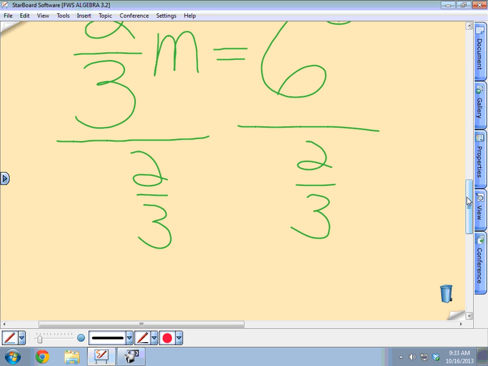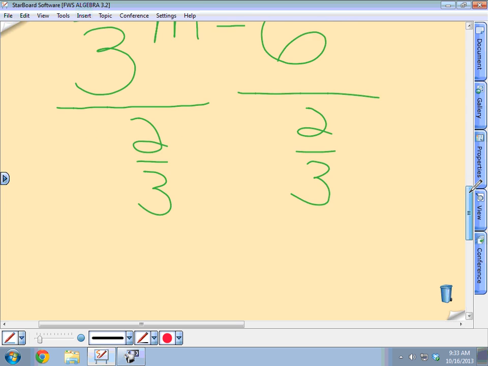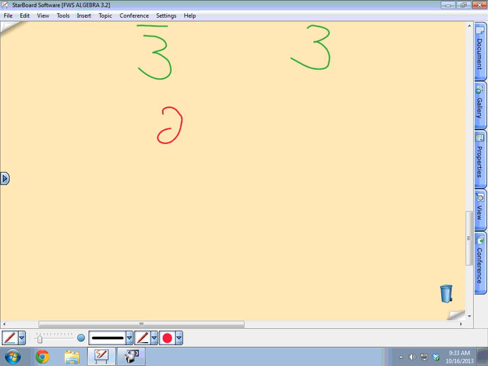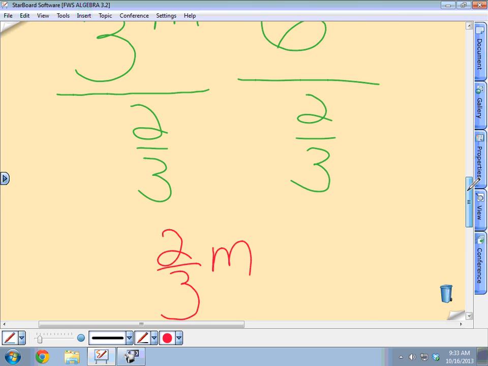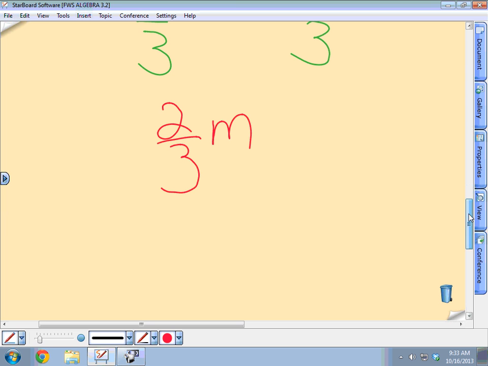Multiplication by the reciprocal. When you divide, you multiply by the reciprocal. So if I have 2/3 m, and I'm dividing by 2/3, I'm multiplying that by the reciprocal, which is 3/2.